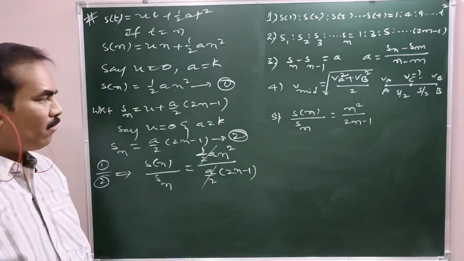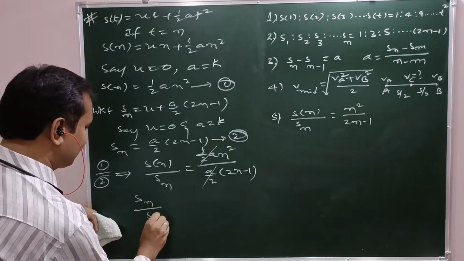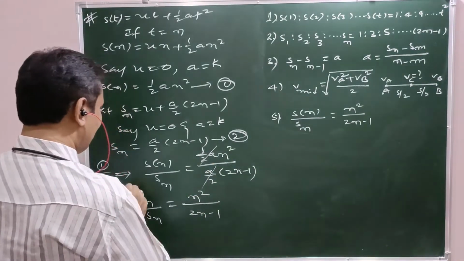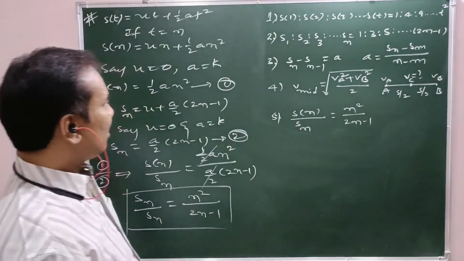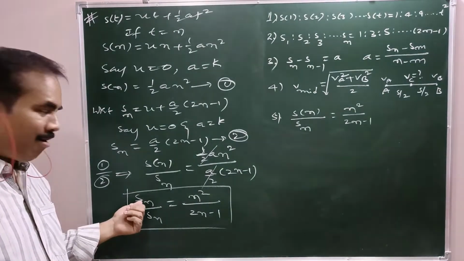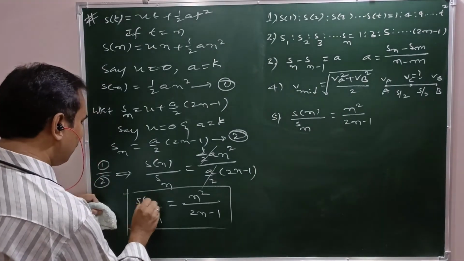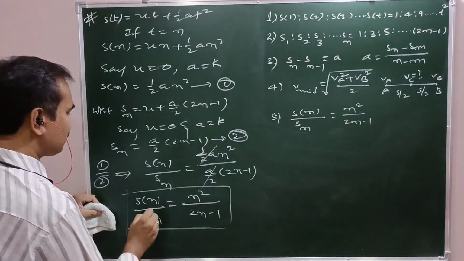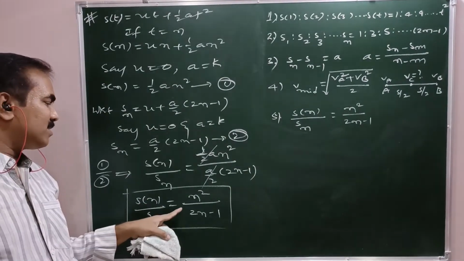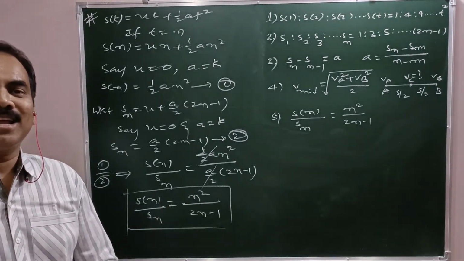We are left with S of n by s suffix n is equal to n square by 2n minus 1. So distance covered in n seconds upon distance covered in nth second is equal to n square by 2n minus 1, where n is the number of seconds in which particle is under motion.